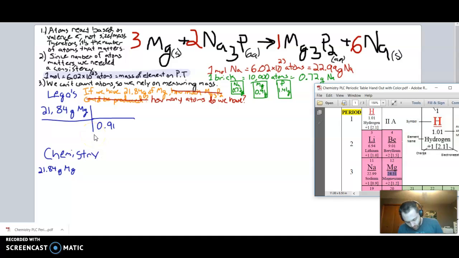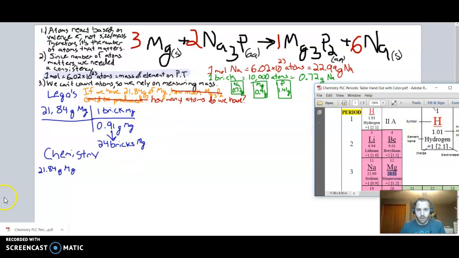I know that 0.91 grams of magnesium is equal to one brick of magnesium. And so you got to do that same process of figuring out, well, in order to get to how many atoms are there, I need to first figure out how many Lego bricks are there. And I think if we did this, we got an answer of 24 bricks of magnesium. So with that, that's great.